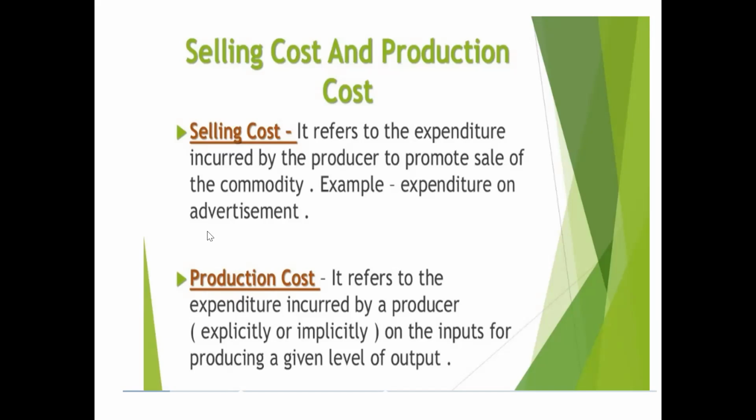Again, if we consider the nature of costs, based on different criteria, we can identify different types. Earlier, based on whether there are cash payments or not, we identified the explicit and implicit cost.